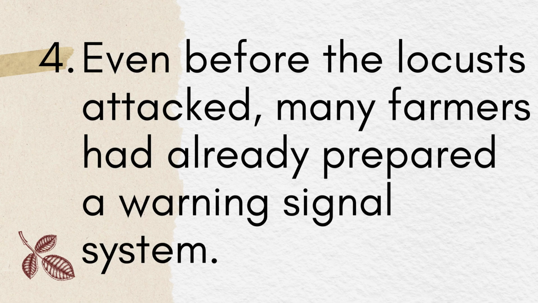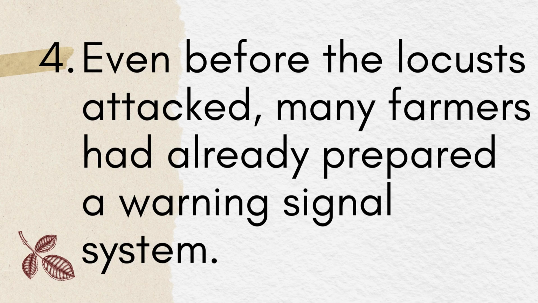Next, another example. It's a shift from past to past perfect. Even before the locusts attacked, many farmers had already prepared a warning signal system. In the first part of the sentence, we have the verb attacked, which is in past, and then had prepared, which is past perfect. Had plus prepared. But it is correct. It shows a correct time sequence. It shows an action completed before another past event.